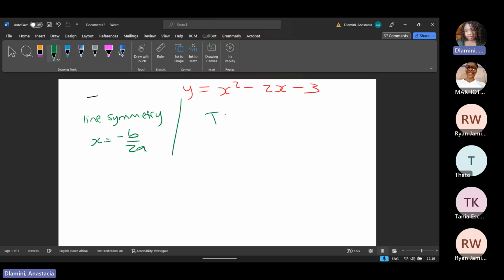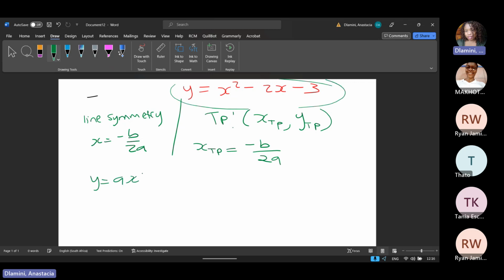So let's call the turning point xTP and yTP. Now xTP equals minus b over 2a. But how do we find b and a? Remember, the standard form is y equals ax squared plus bx plus c.